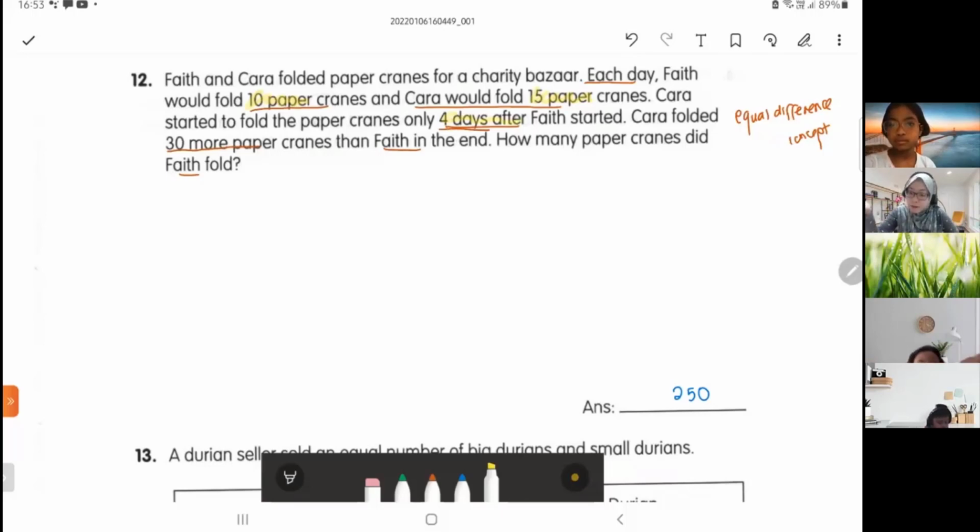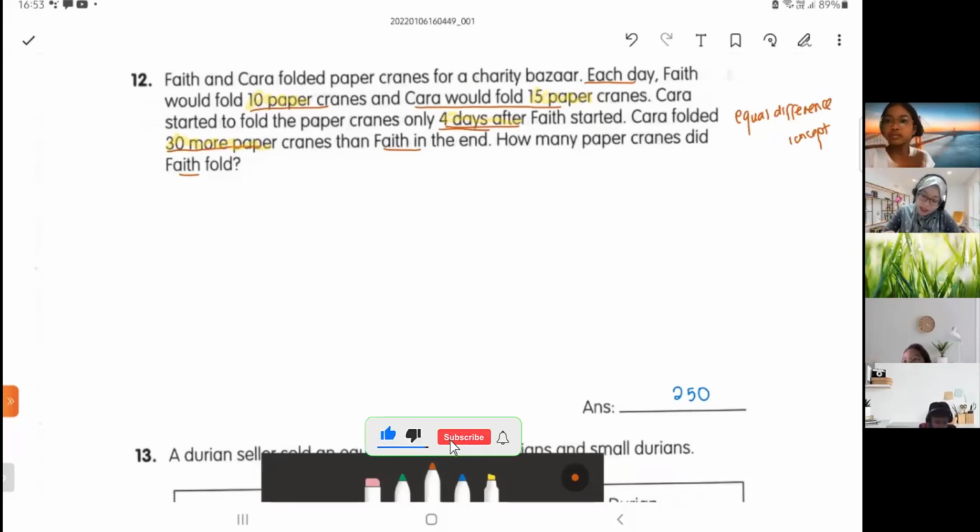That's what the question says. But Kara managed to catch up and fold more paper cranes than Faith. Even though Kara started later than Faith, she folded more than Faith. Understand? That is what they're trying to say there. So can we find out the number of paper cranes Faith folded in the 4 days?